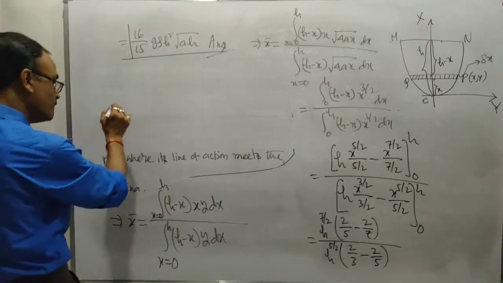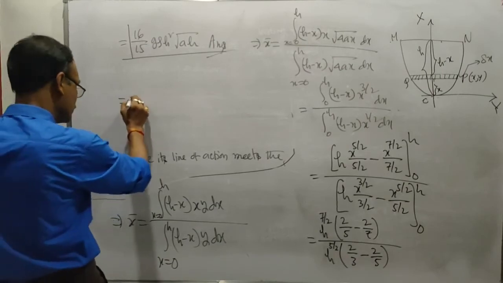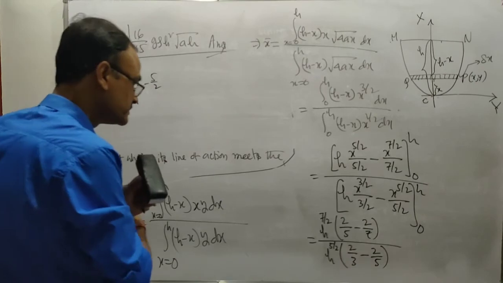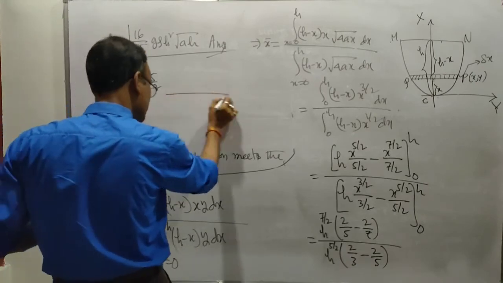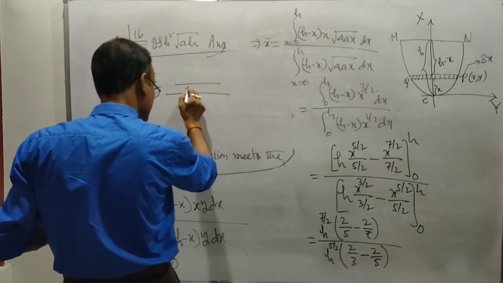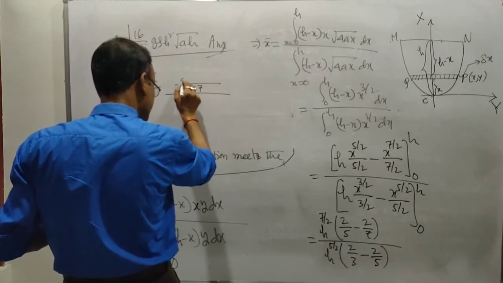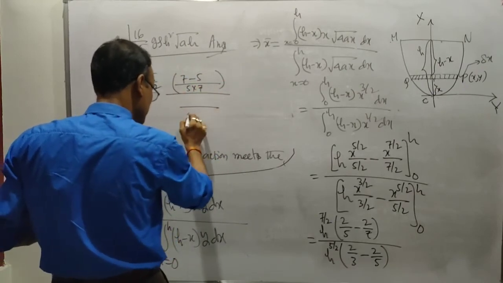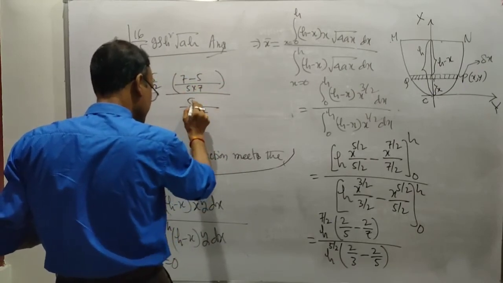This is equal to h to the power 7 by 2 minus 5 by 2. 2 will be cancelled. 5 into 7, 7 minus 5, 3 into 5, 5 minus 3.